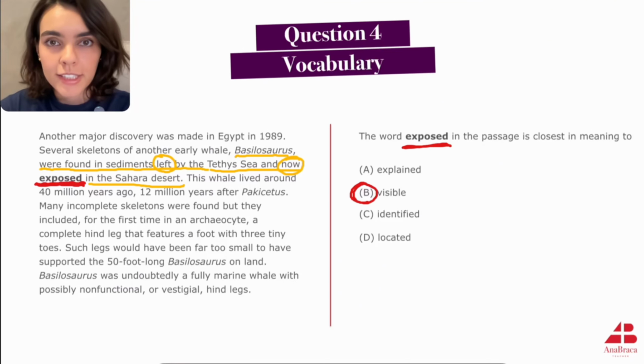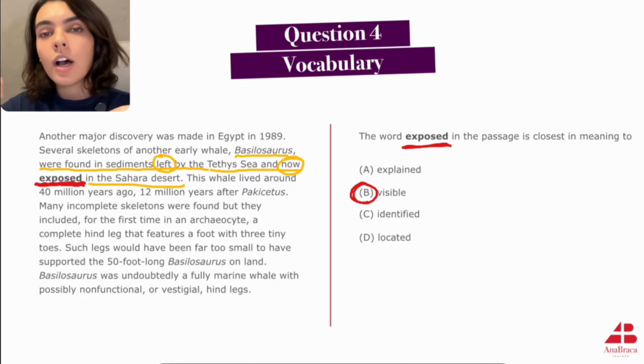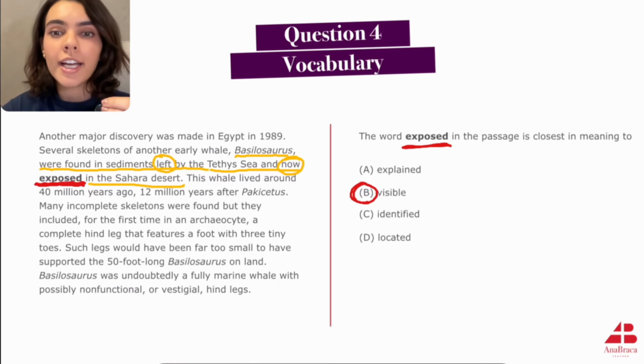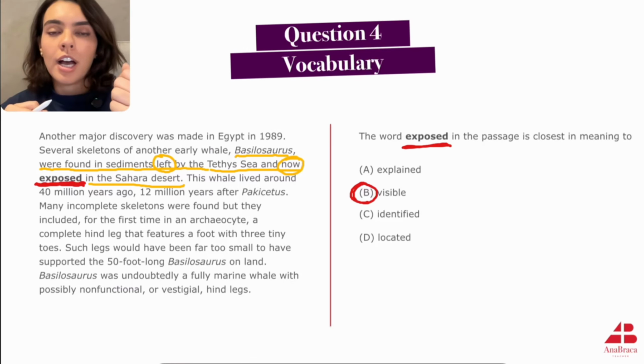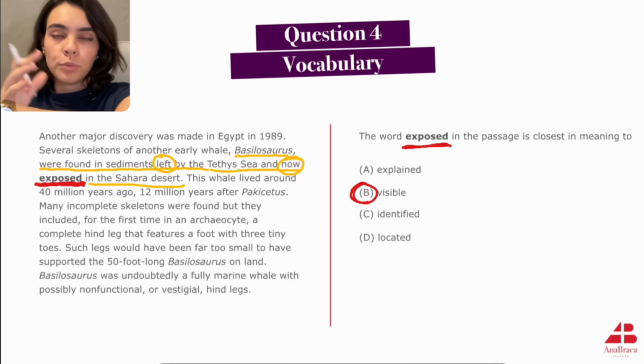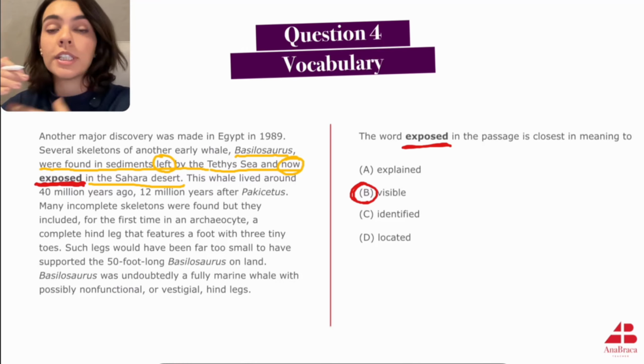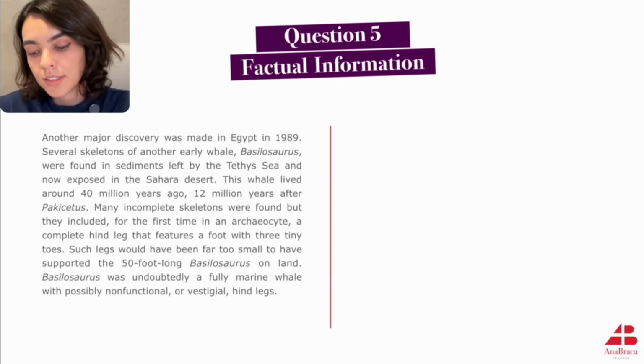It doesn't change places. So let's think now in the dictionary answer, why it is visible. Exposed is something that is visible. So for example, if you have an exposed bone because you broke your arm and your bone is exposed, what does it mean? It means that the bone is visible. So this is the vocabulary question.